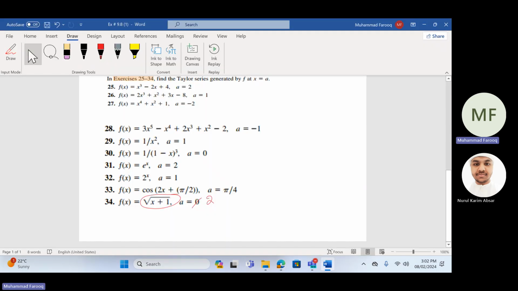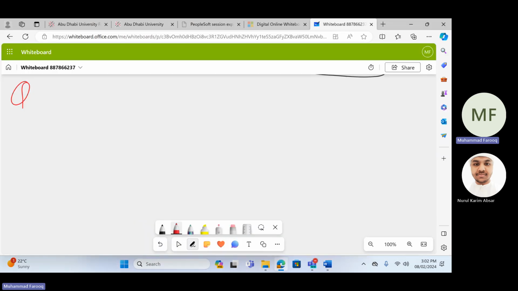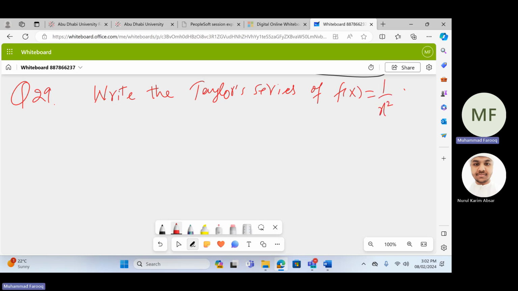So question 29, 1 by x squared. Write the Taylor series of f of x is equal to 1 by x squared at a is equal to 1.